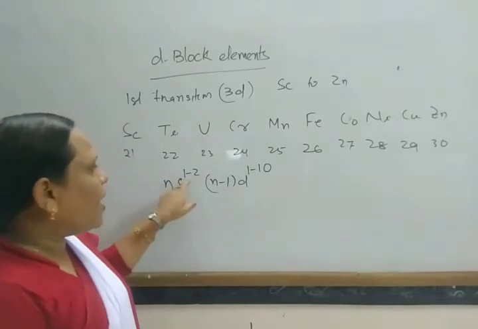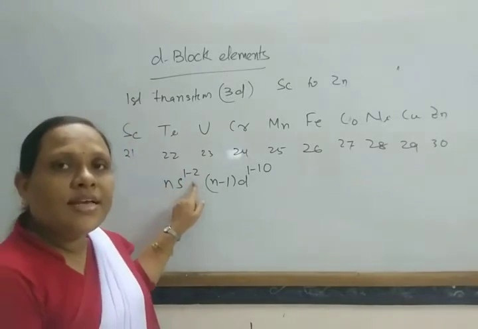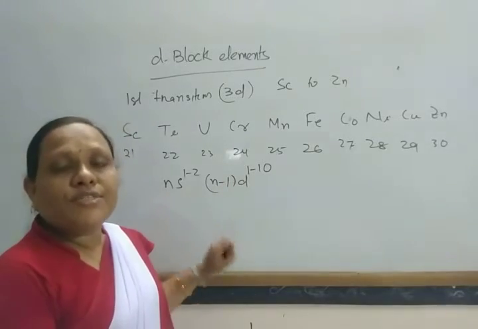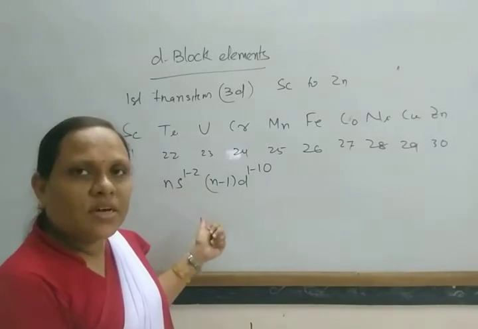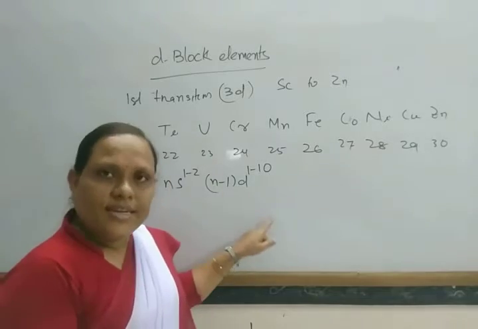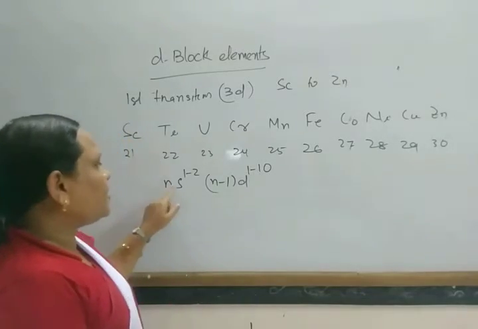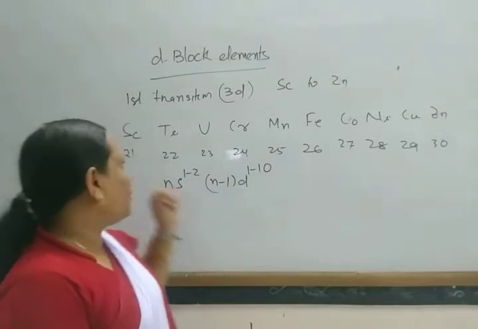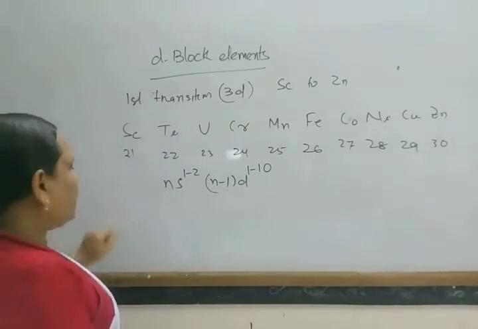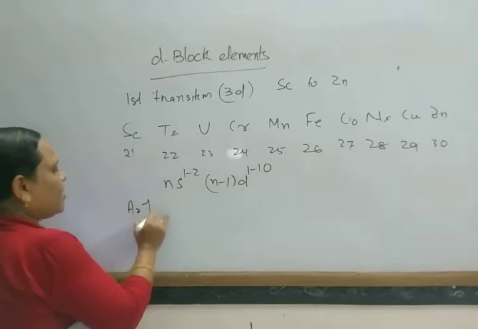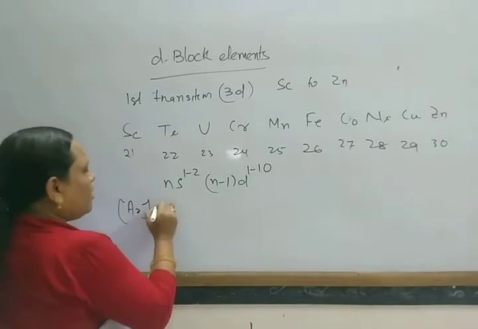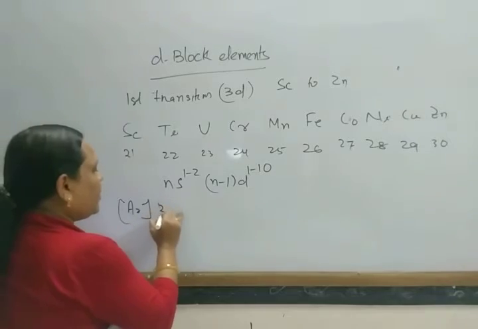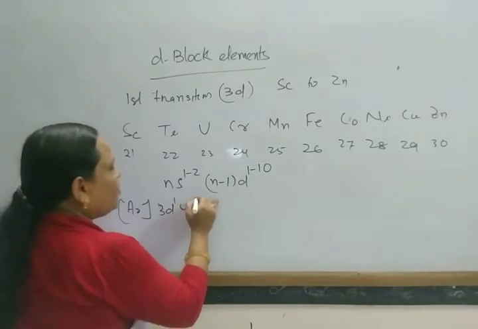But this is for 1 to 2. So in some cases the half-filled and fully filled orbitals are more stable. In this, one electron from the s orbital will move to the d orbital. The configuration is ns 1 to 2, (n minus 1)d 1 to 10. For example, scandium has the configuration argon 3d1 4s2.